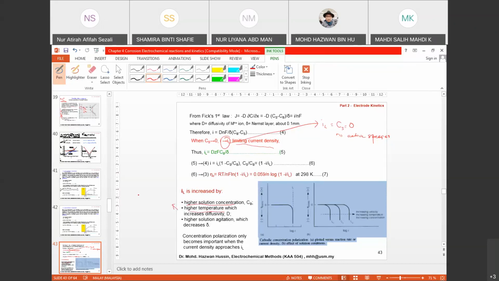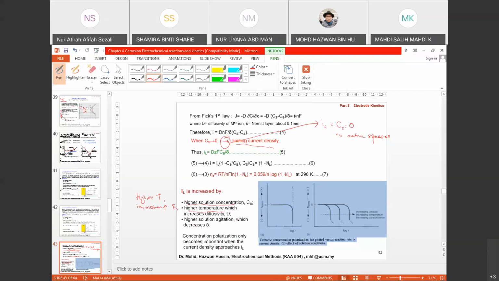Remember, if you have higher temperature, you will have more vigorous motion, so ions will mobilize, ion motion will increase, and this will also increase the diffusivity. Higher solution agitation, by the effect of convection, will also increase the limiting current density values.